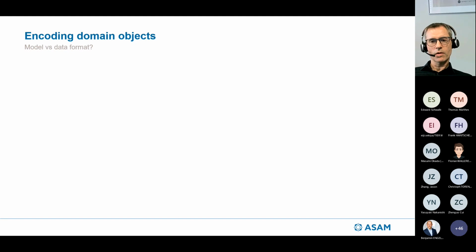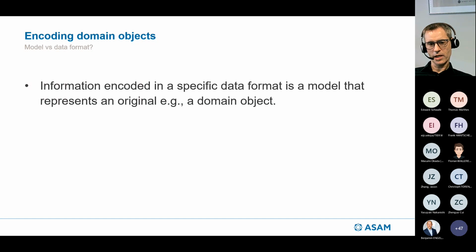Now we come to our first question: models versus data format. What about the data format itself? And surprisingly, and this makes it a little bit complicated, whenever we have encoded information in a specific data format, it represents an original.